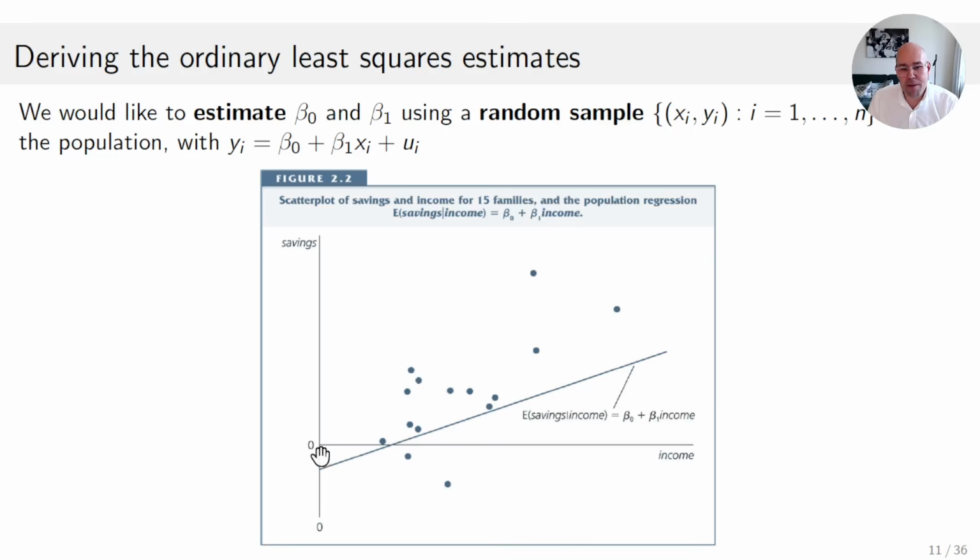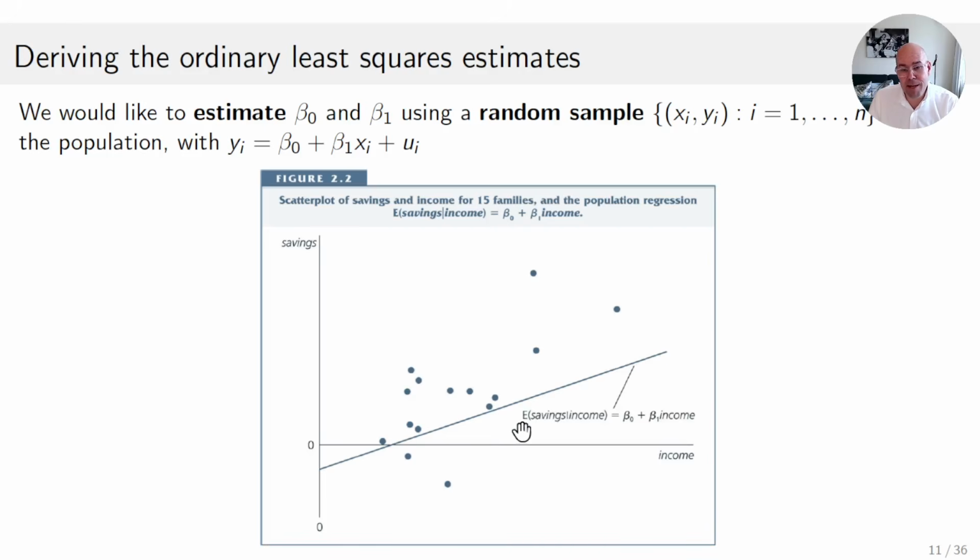And to provide you with an example, this is taken from the book. Here we have income and savings. So we have data on income and savings, and these dots here are my data points. And the straight line here would be the population relationship.